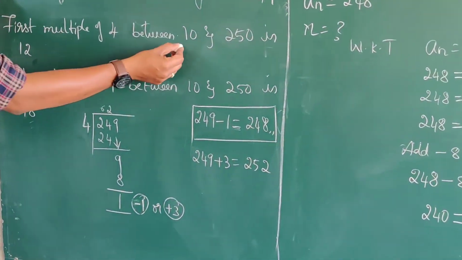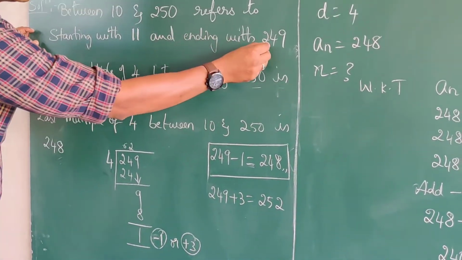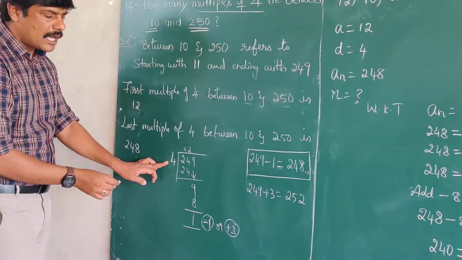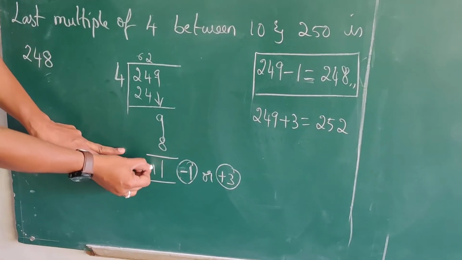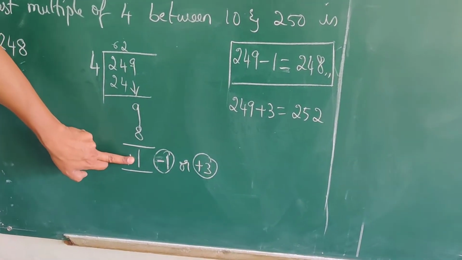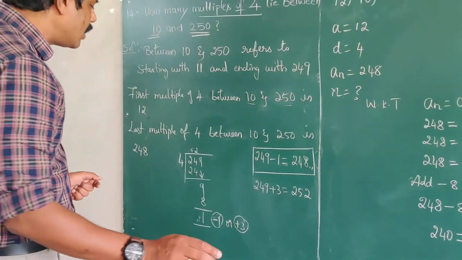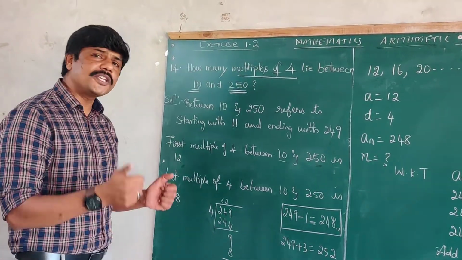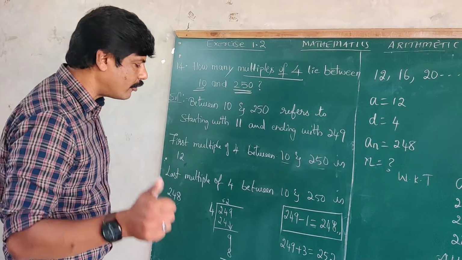Now, between 10 and 250 starts from 11 and ends at 249. 249 is the last number, which we are dividing by 4. After dividing 249 by 4, we are getting 1 as a remainder. Since we are getting 1 as a remainder, 249 is not a multiple of 4. Then which number beside 249 is a multiple of 4?